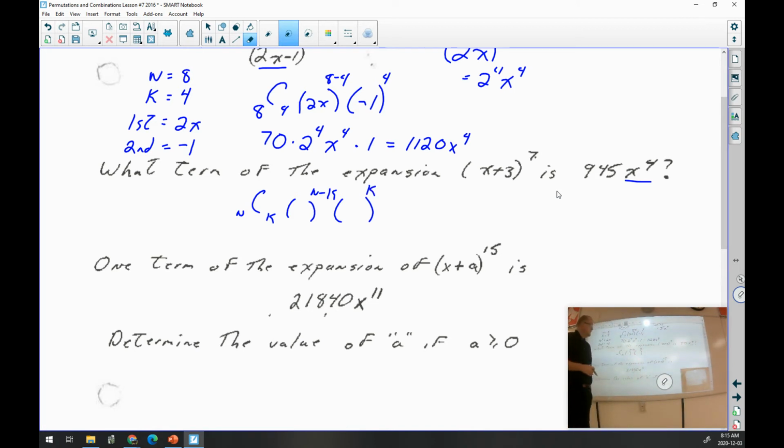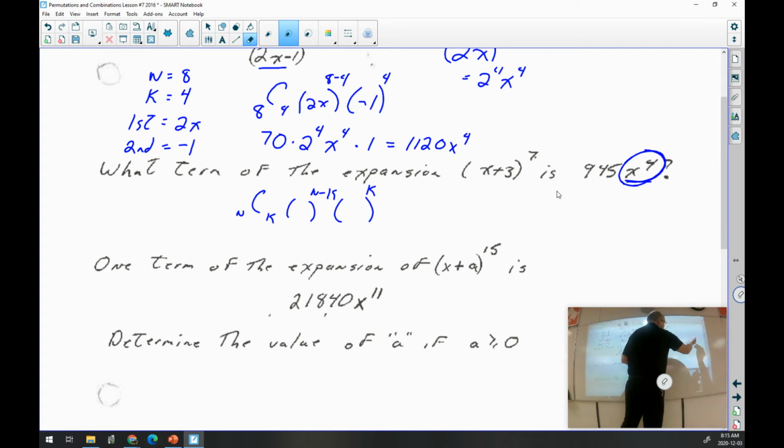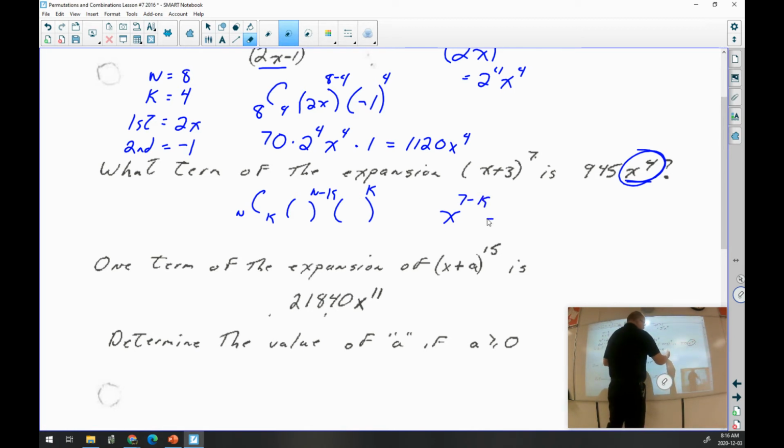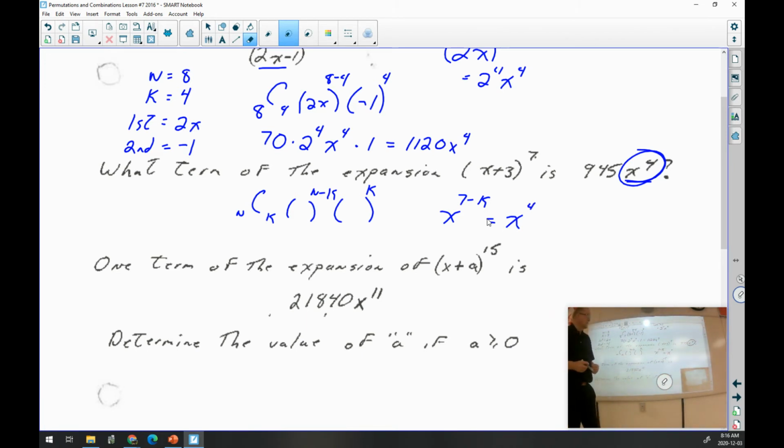The formula on the formula sheet uses x and y. What's useful to us is this, the n minus k. We know what n is, and we don't know what nCk is. We don't know what this is going to be. We only really are looking at this one right here. We have our first term in here raised to the power of 4. So x is our first term, 7 minus k. We have to get x to the 4. So k has to be equal to 3.